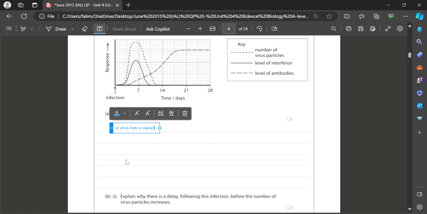I can mention what a capsid is, which is a protein coat. Then we can also say that it has nucleic acid, whether it be RNA or DNA.